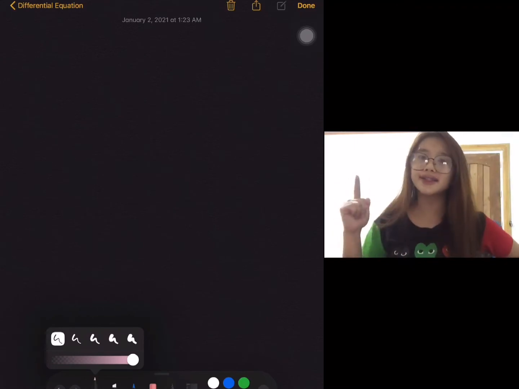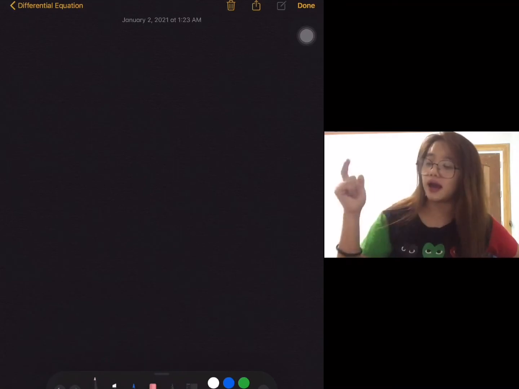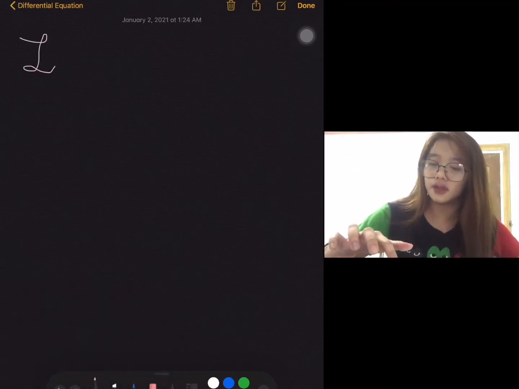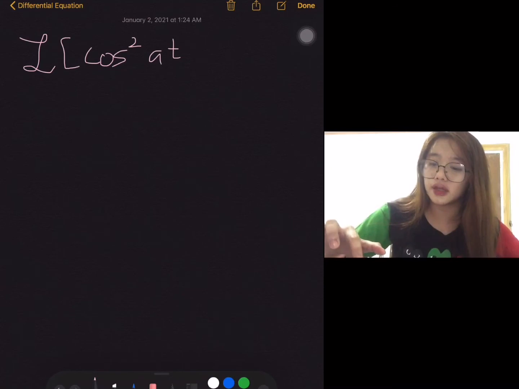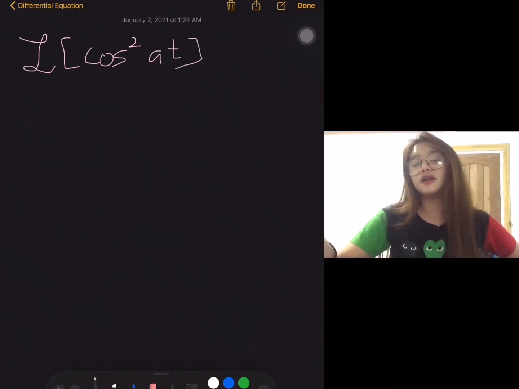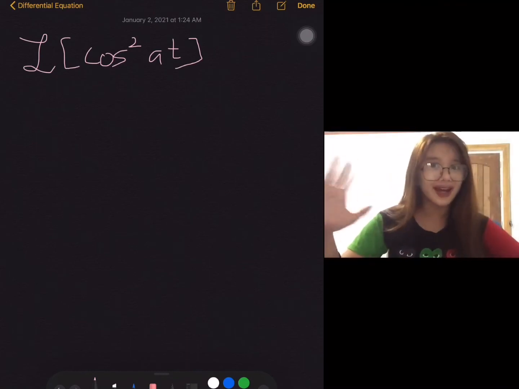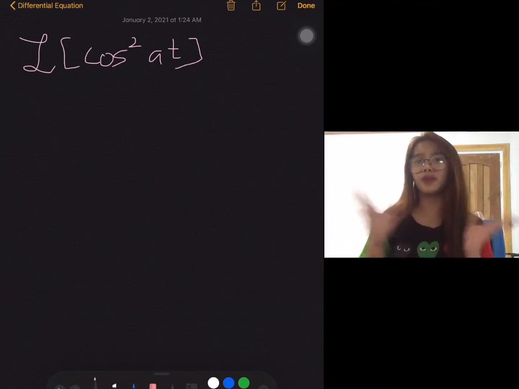Now, let's say you will encounter the Laplace transform of cosine squared at. It is just the same, but first we will use some identities to rearrange and transform this equation.